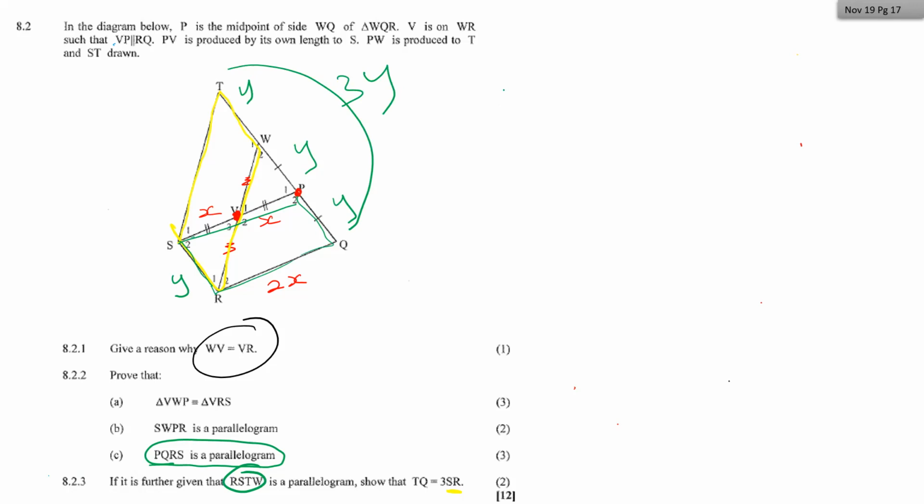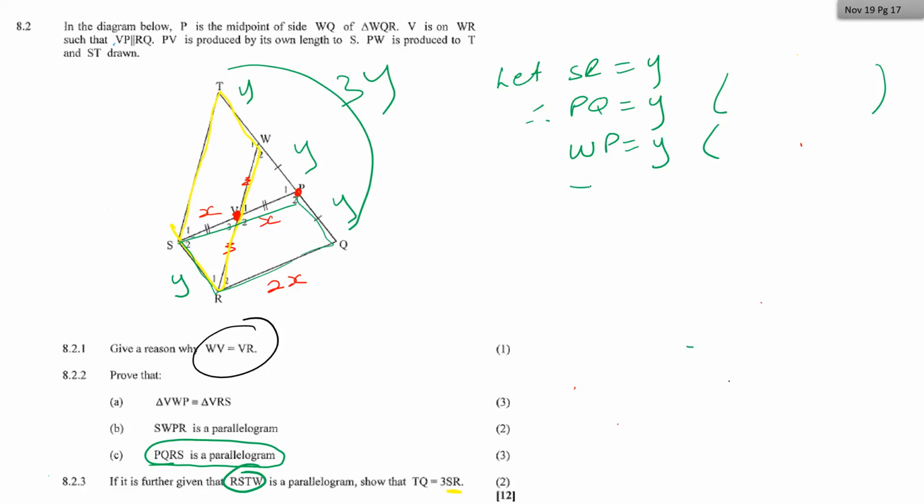If you're going to write that out, I would say, right, let SR equal to Y. So therefore, PQ is equal to Y. And I'm not going to write the reason, but the reason will be opposite sides of a parallelogram equal. Then you can say WP is equal to Y. And your reason there would be given WP equal to PQ.